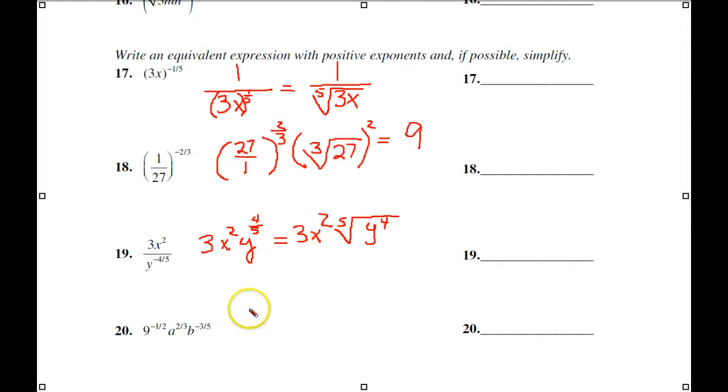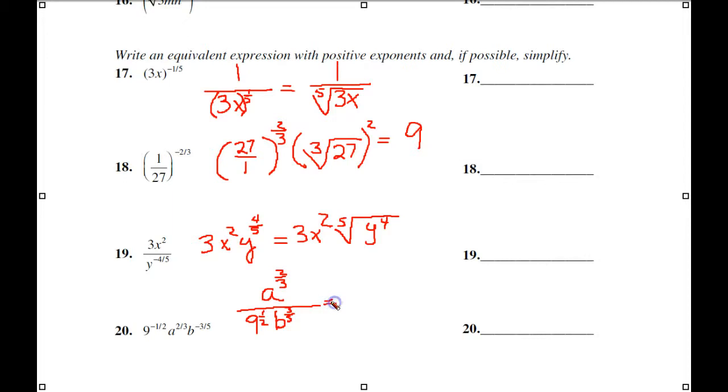So again, this will become a to the 2/3 up there. This is going to be 9 to the 1/2. This is going to be b to the 3/5.